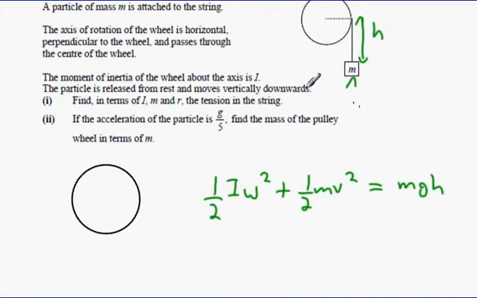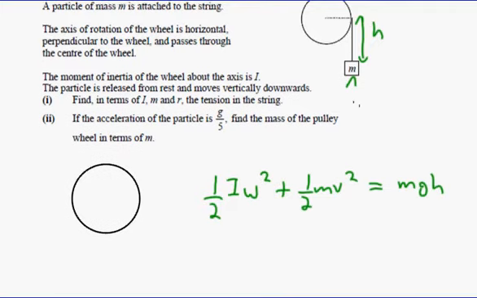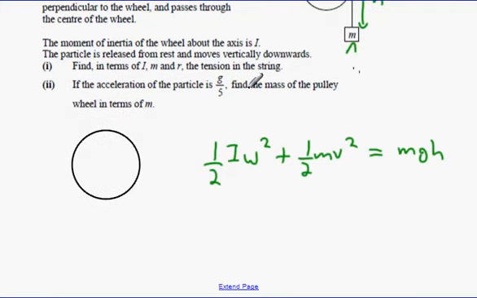Next we've got to figure out what w, or omega, is. Omega represents the angular velocity. It's equal to v over r, or in your equation you might have v equals r omega. So omega equals v over r.